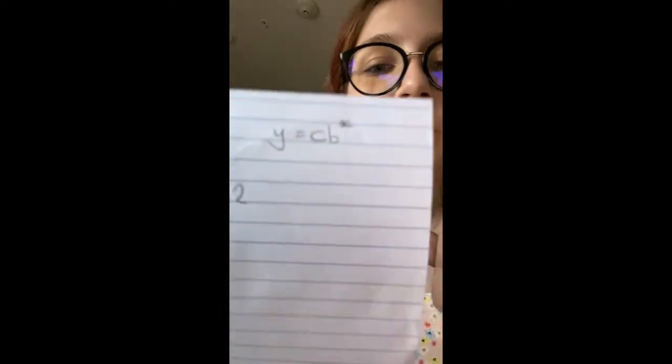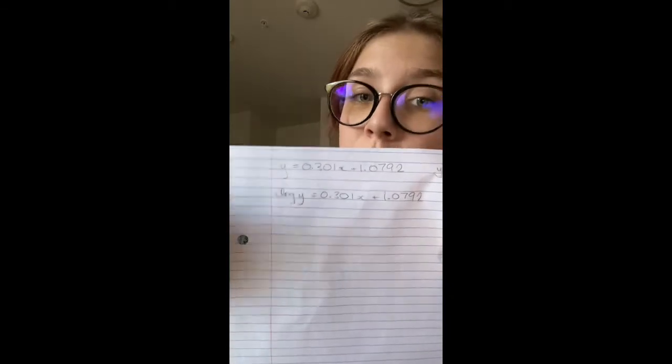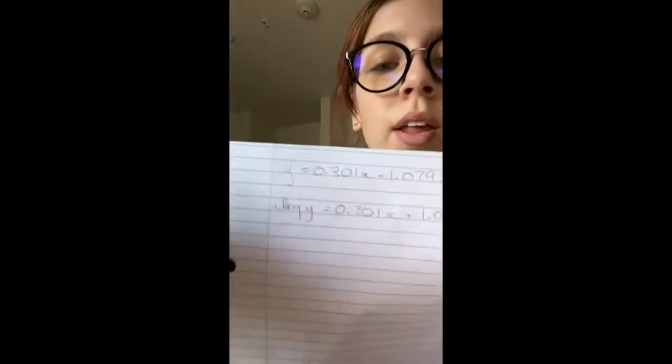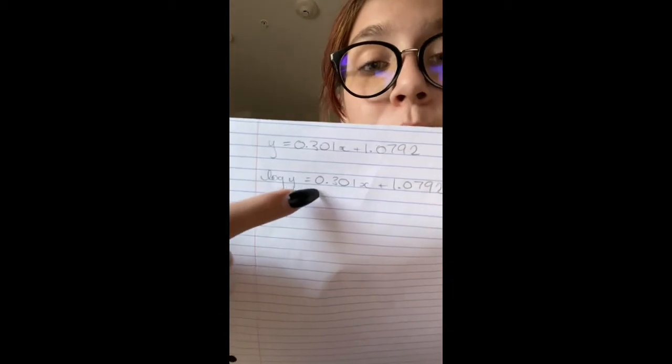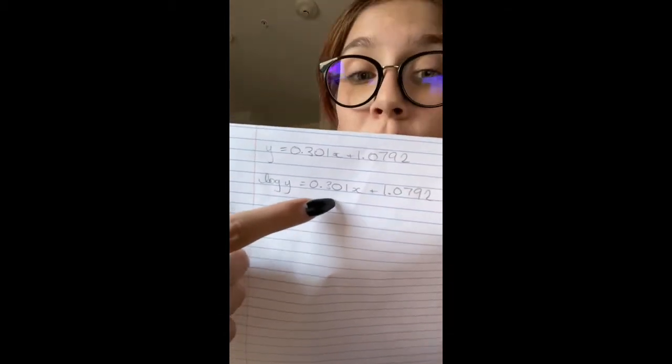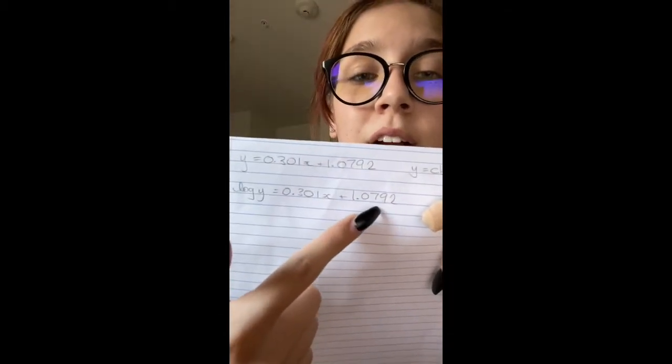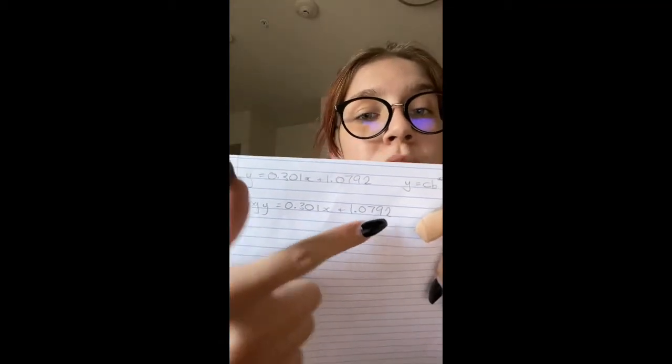And we're trying to transform it into this at the end, because currently we have a linear model, which is y equals mx plus b. So just to clarify, we know that 0.301 is our slope, and this number right here is our y-intercept, or in this case, our log y-intercept. Vertical axis intercept.